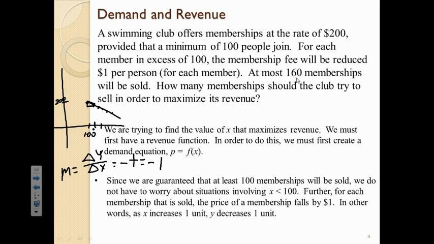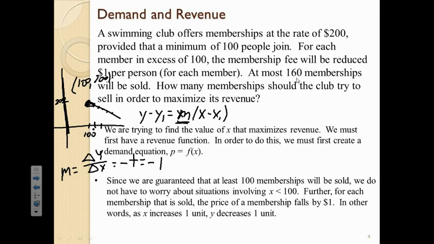Well, if the slope is -1, if we could figure out where it crosses the y-axis, we could use y equals mx plus b, and we could interpolate where that would be. But we could also just simply use the point-slope formula, y minus y sub 1 equals m times x minus x sub 1, where we have the slope already, and we have a point on here at 100 and 200.